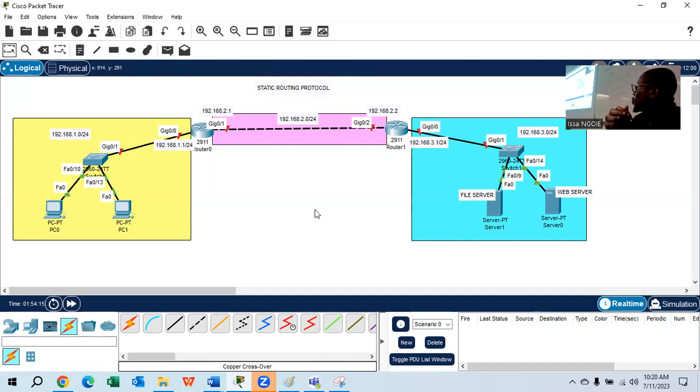This is what we are going to use. So we are going to fix a route for these two computers. Static routes means that we are going to tell those two routers to follow a specific, fixed route.